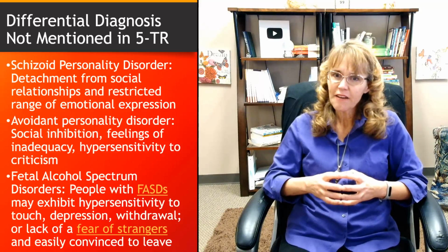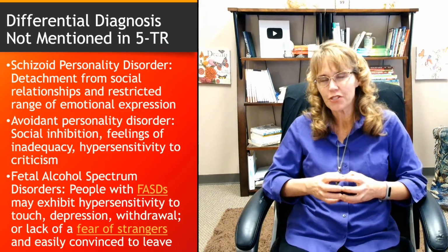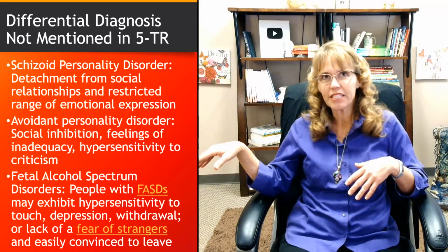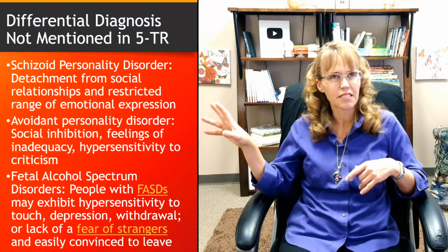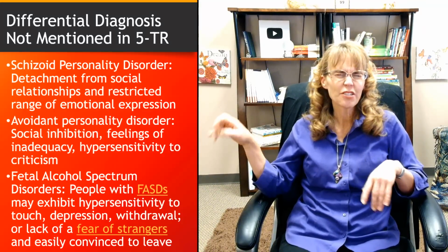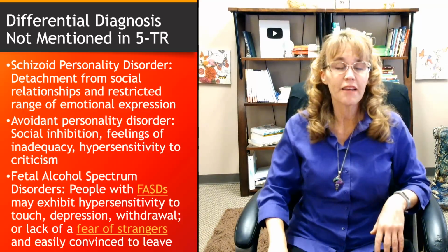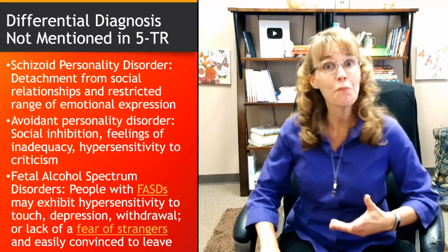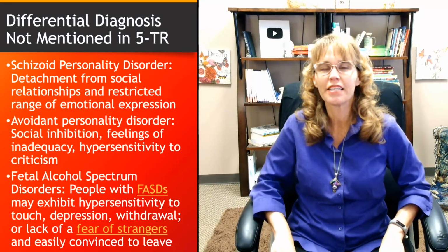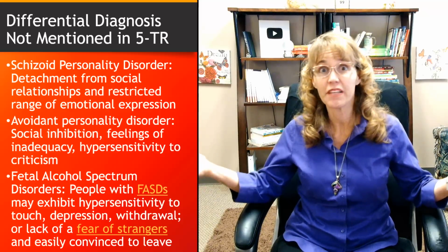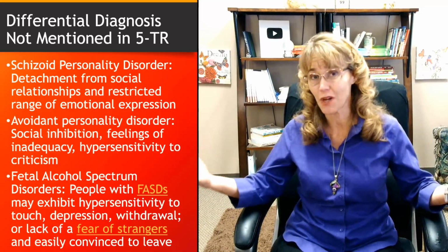And finally, fetal alcohol spectrum disorders. Now, in the DSM-5-TR, this is still back in the conditions for further study, and it's called something like prenatal neurodevelopmental disorder or something. But if you look in PubMed, if you look in the World Health Organization literature, or if you just Google fetal alcohol spectrum disorders, that's what we're talking about here.